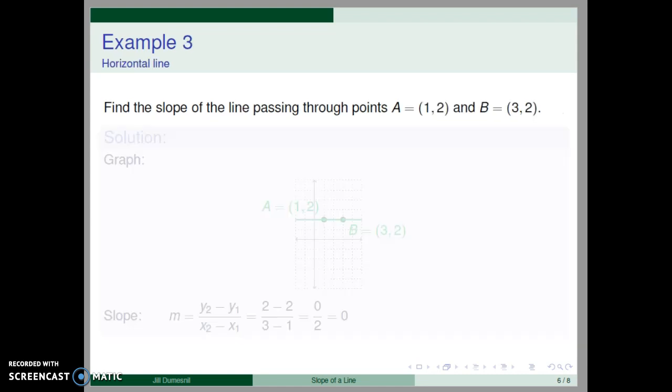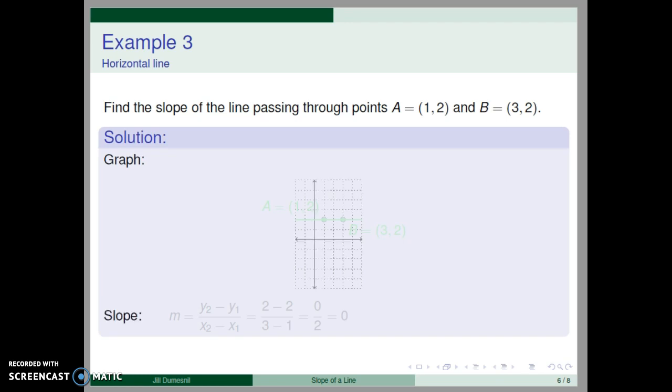For our third example, we want to find the slope of the line passing through the points A equal 1, 2 and B equal 3, 2. When I graph those 2 points and draw the line passing through them, I notice that the line is a horizontal line.